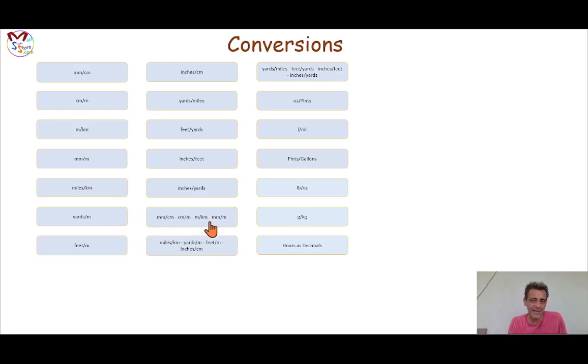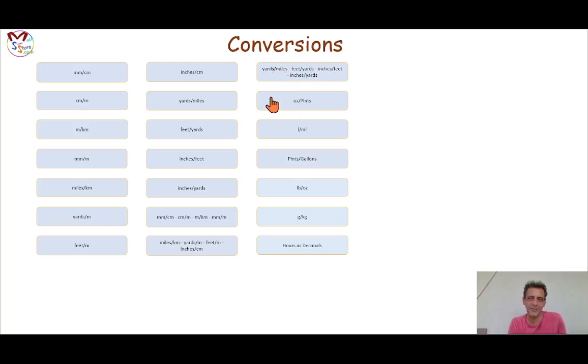We can mix the metric lengths, and we can use miles to kilometres, yards to metres, feet to metres, inches to centimetres. We can mix these, or we can mix yards and feet.